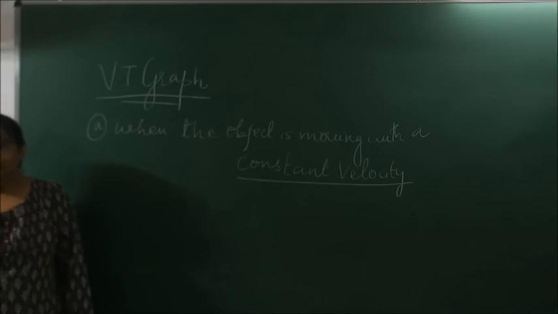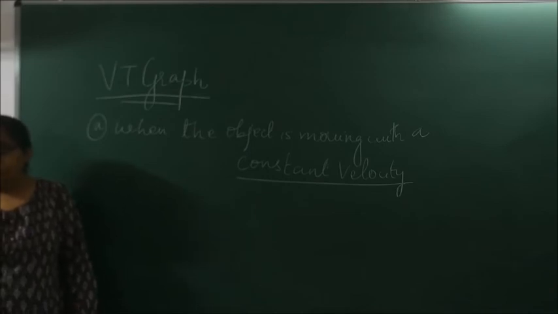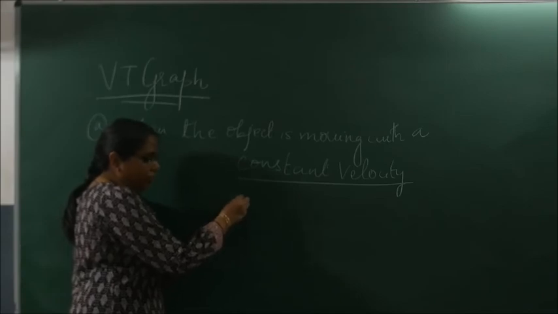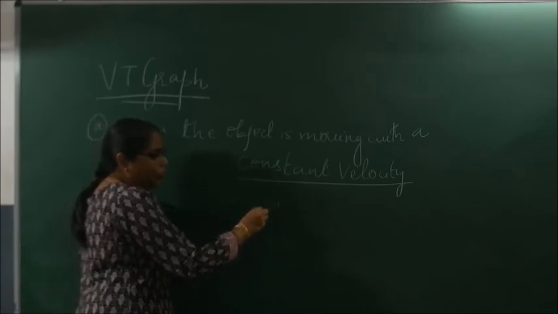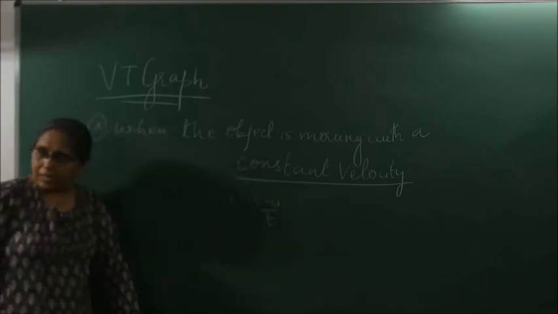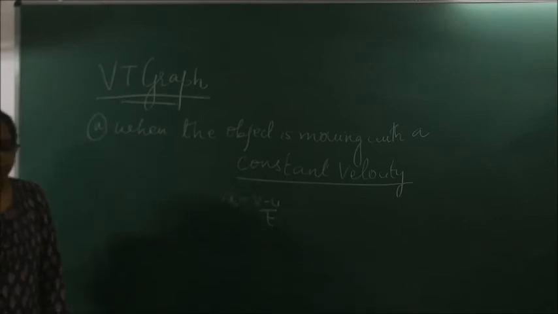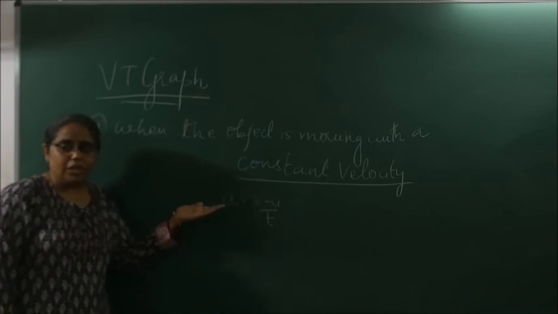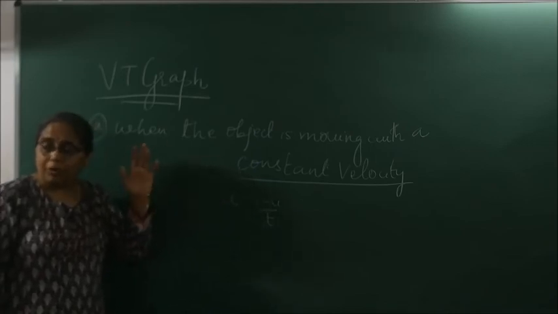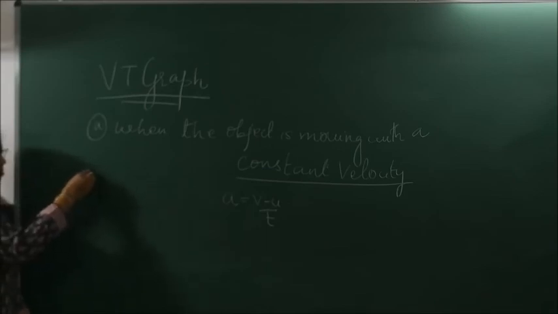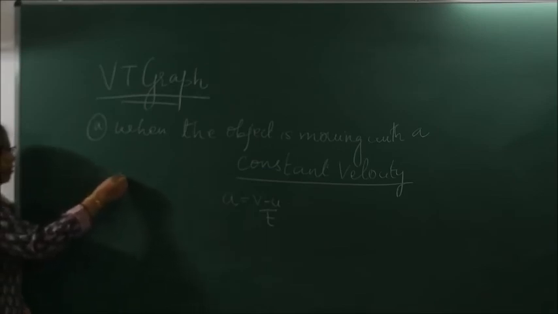If the velocity is constant, what will be its acceleration? See, what is acceleration? V minus u by t. This is what acceleration is. Now, let us suppose at 0 seconds the velocity of the object was 0.